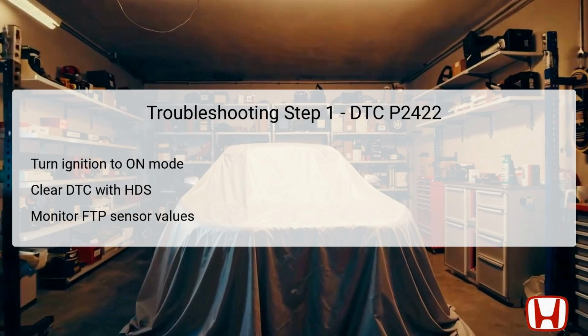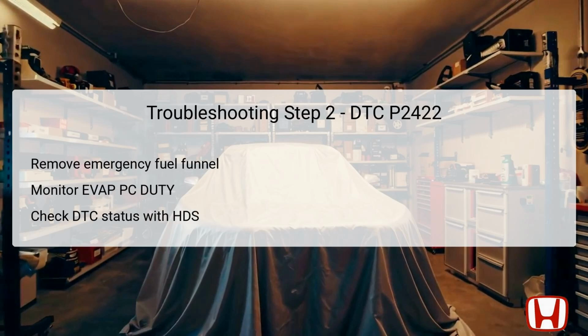Following this clearance, the technician should observe the fuel tank pressure, FTP sensor values using the HDS interface. The threshold for the FTP sensor values should range from -0.67 to 1.33 kilopascal. Successfully matching these values indicates that the system is functioning within its operational parameters, thus leading to the next troubleshooting step.